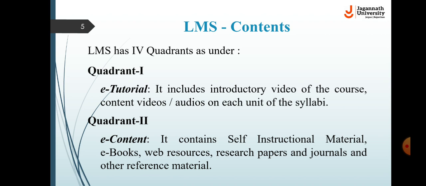These quadrants are going to help you in developing a thorough perspective on banking as well as insurance sector. Quadrant 1 comprises of e-tutorials. That includes the introductory video which you are viewing right now, as well as the content videos and audios of each unit of the syllabi.